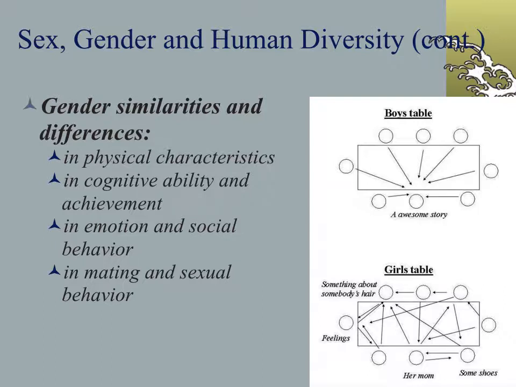Societal pressures, we don't go into that a lot either, but based on the social pressures at the time, different adaptations maybe have been needed. And these then relate to different skills and cognitive abilities and potentially preferences in terms of mating and sexual behavior.